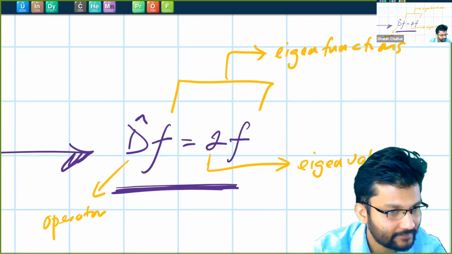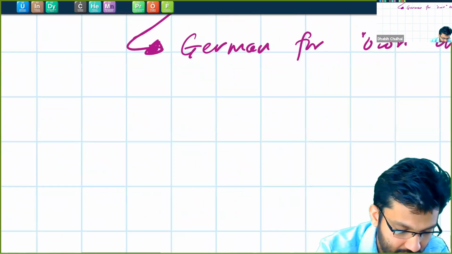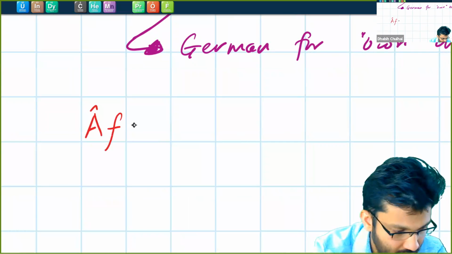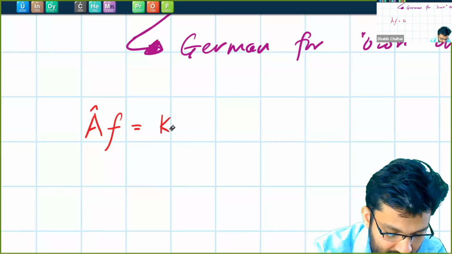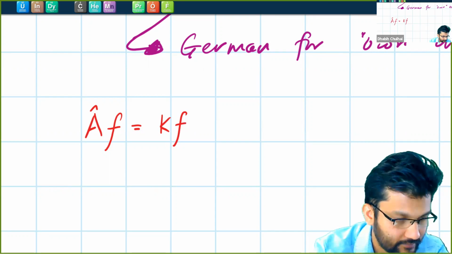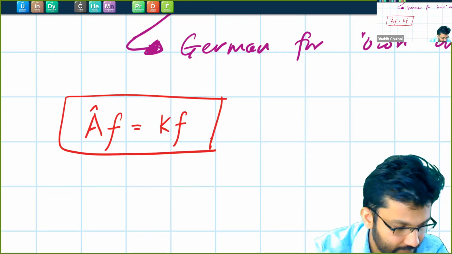Everybody with me? All right. So if you want to generalize this, basically you have an operator acting on a function equal to some constant times the same function, right? And I think this is how your textbook has it.